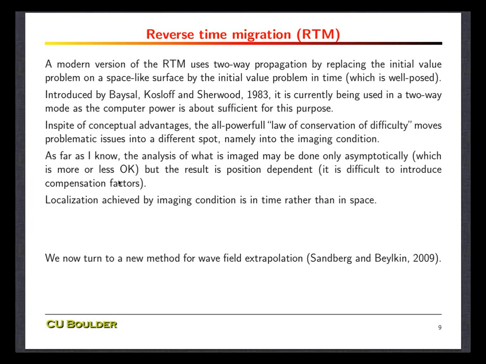So this is, very briefly, the picture of methods that are being used in seismics. All three methodologies are still being used. It depends what you want to do, what kind of measurements you have.